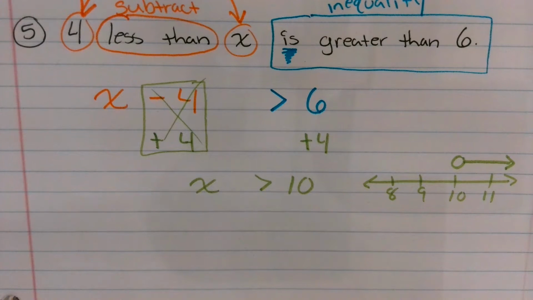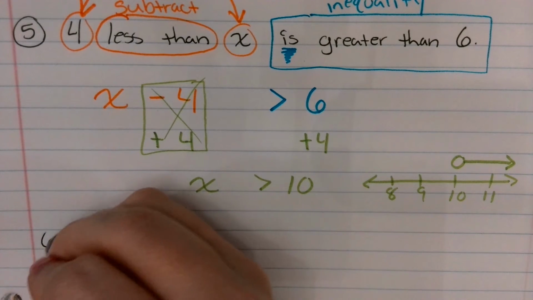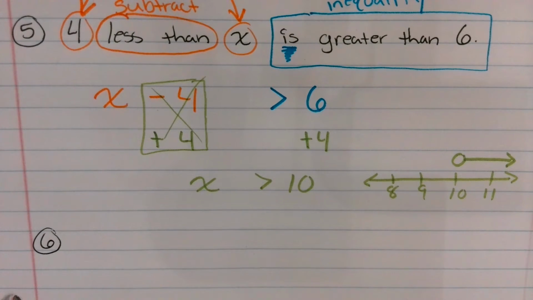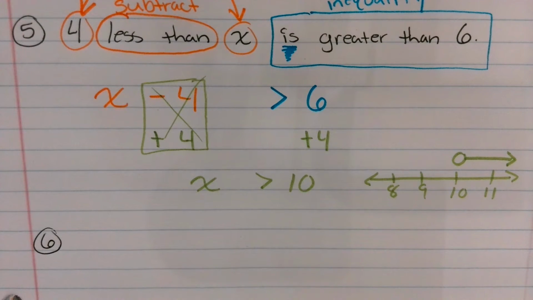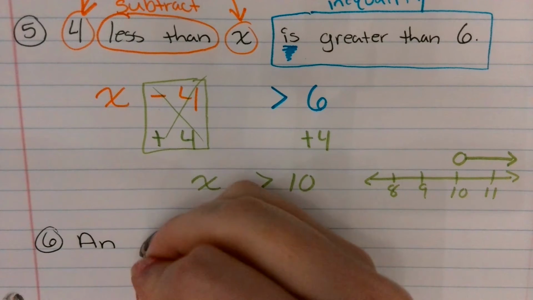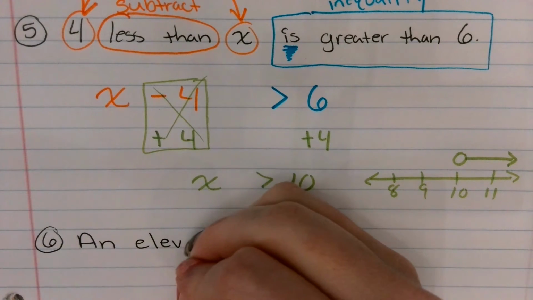Okay, so let's take one more problem. You're going to have basic word translations, but you're also going to have actual word problems as well, like real world situations. So let's say that we've got an elevator.